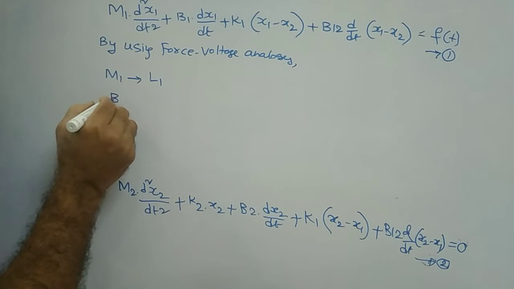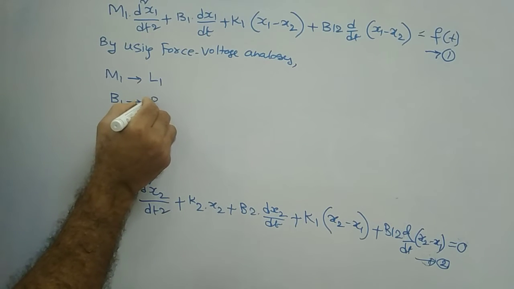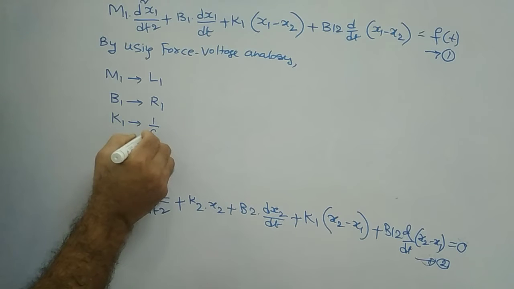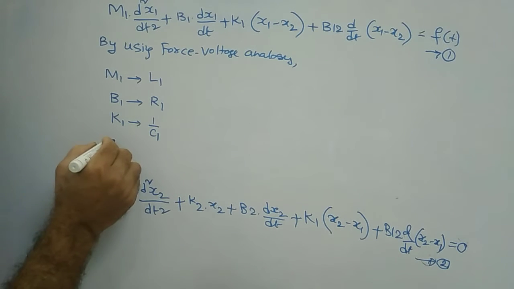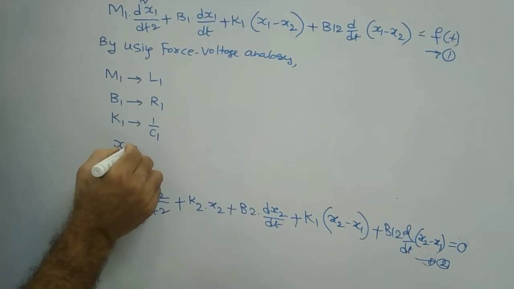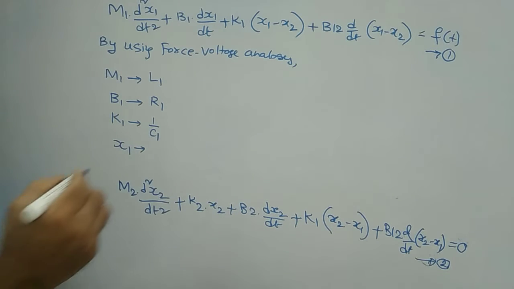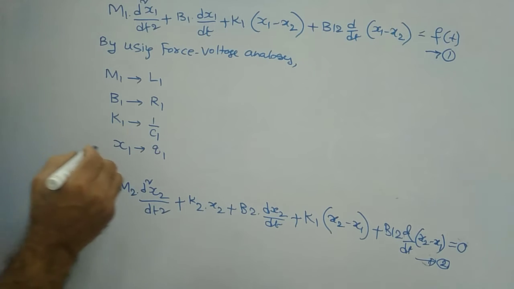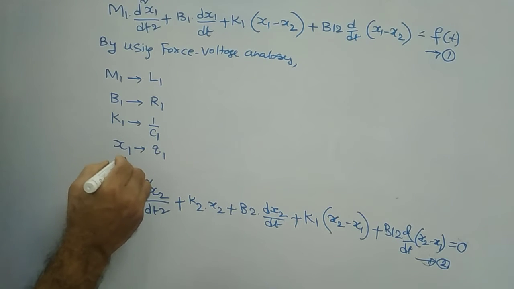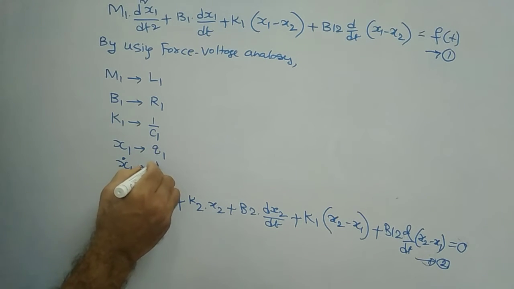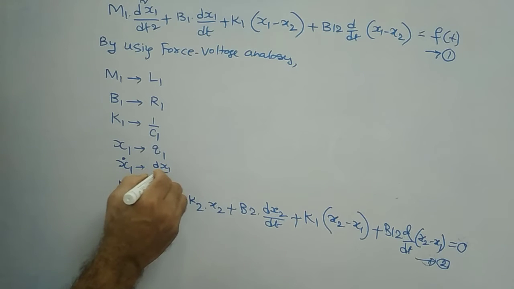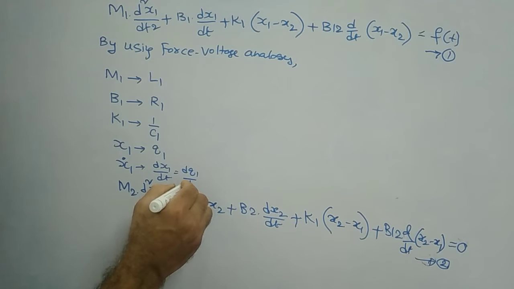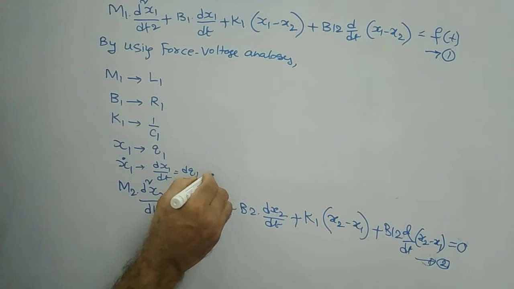Similarly b1 is R1, k1 is equal to 1 by c1. And x1 is equal to charge q1. So the first derivative, dx1 by dt, is equal to dq1 by dt, which is equal to the current I.